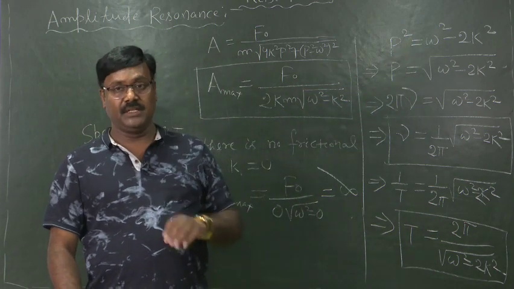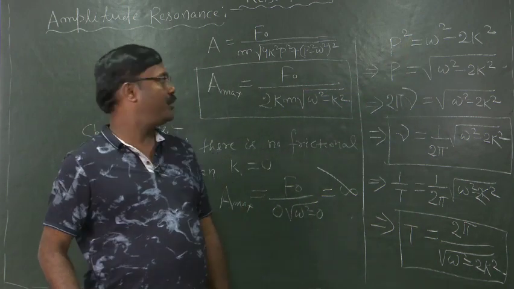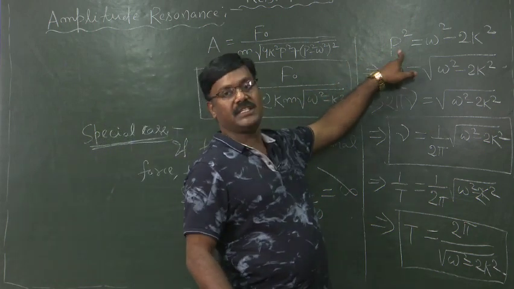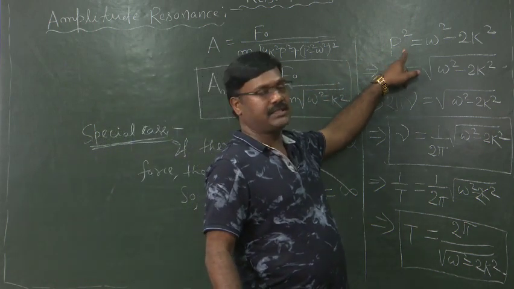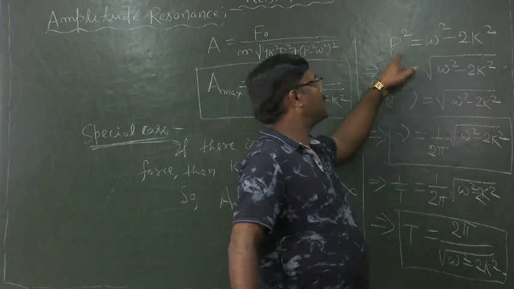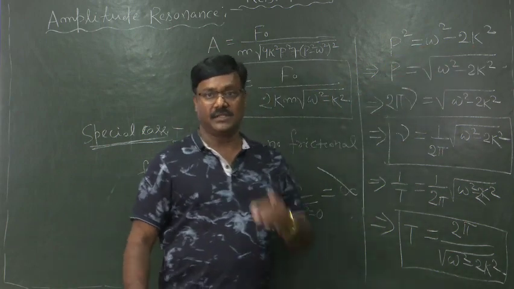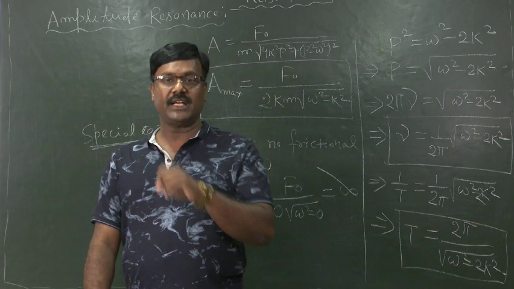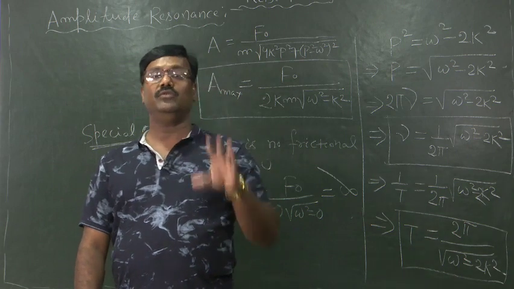If there is no frictional force, then k will be 0 and p square will be omega square. That means at resonance p is equal to omega.